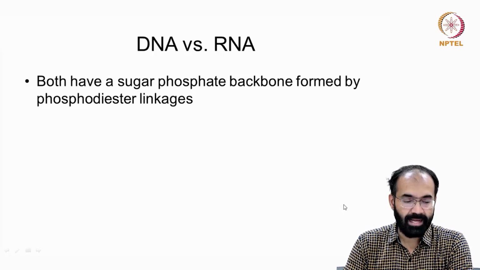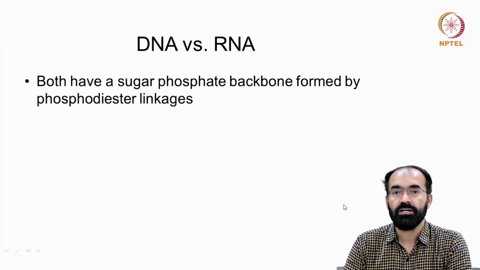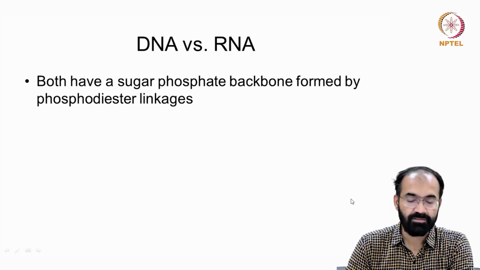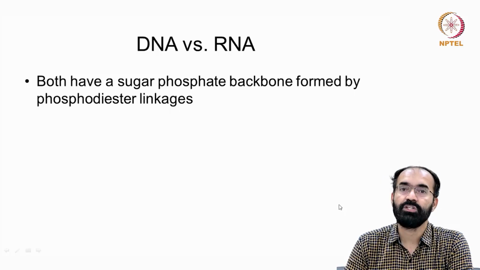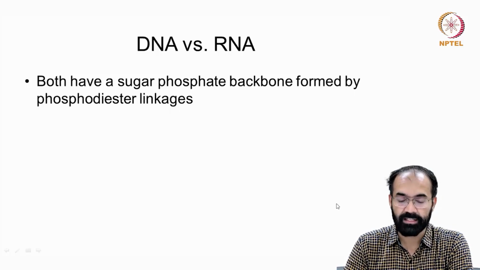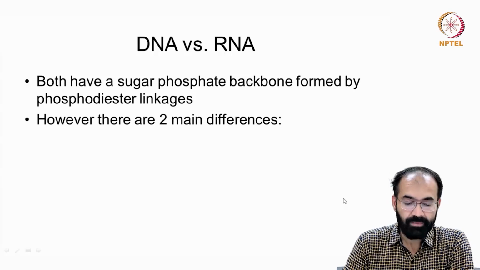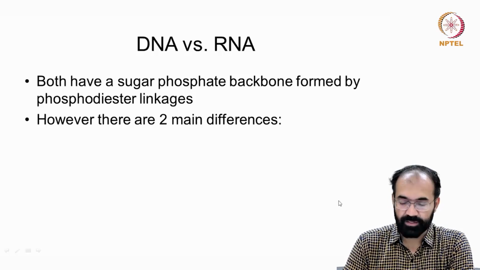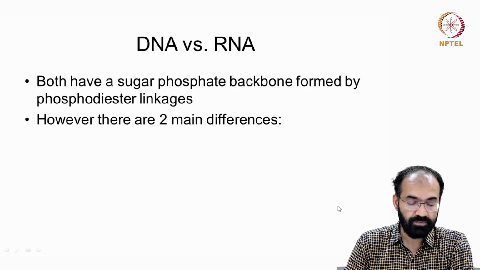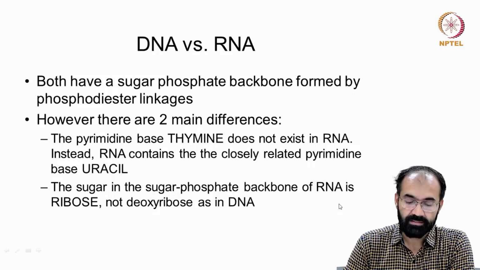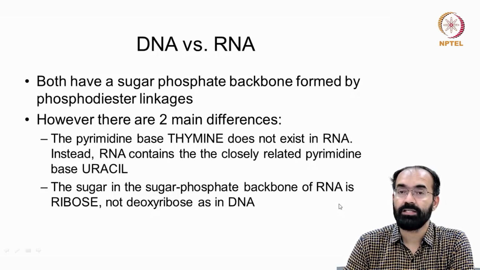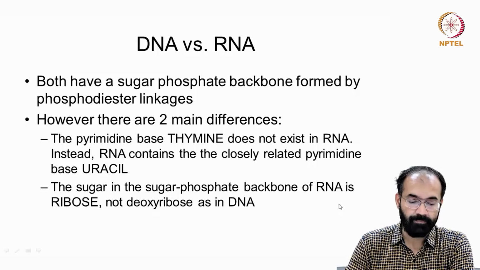Both of them have a sugar-phosphate backbone formed by phosphodiester linkages, because the nucleotides are held together by the phosphodiester backbone. There are two main differences. One is that the pyrimidine thymine is preferred in DNA and does not exist in RNA.